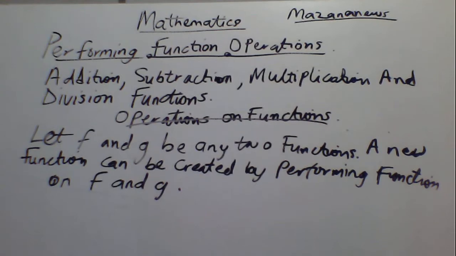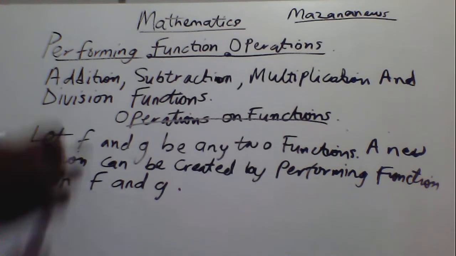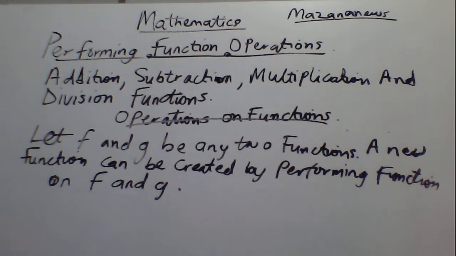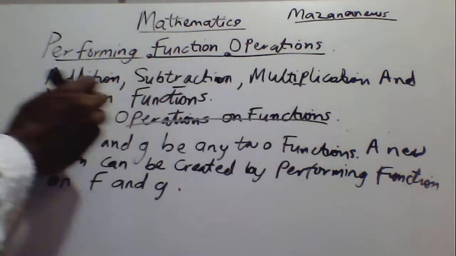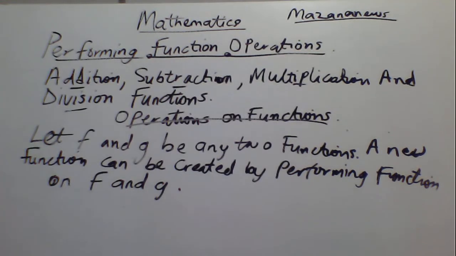So what does that mean? By these two functions we can create a new function by performing an operation on f and g. This operation can be addition, subtraction, multiplication or division. So let's see how these operations can be performed on f and g.